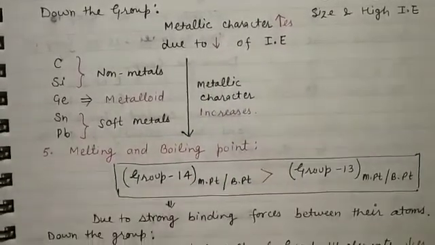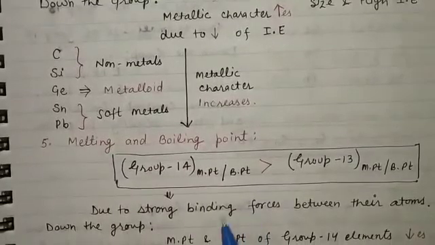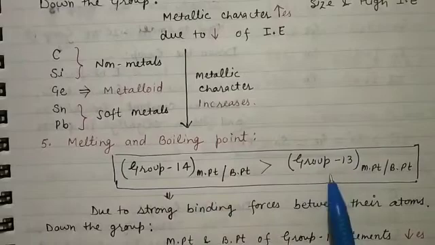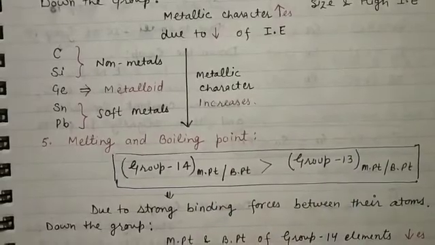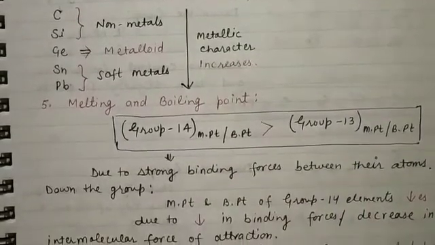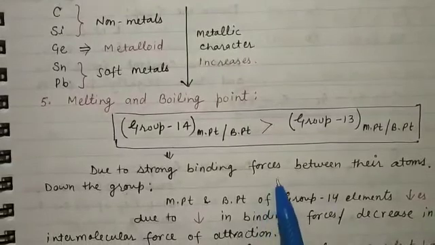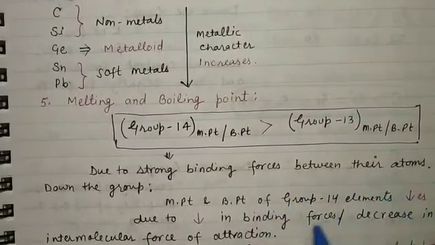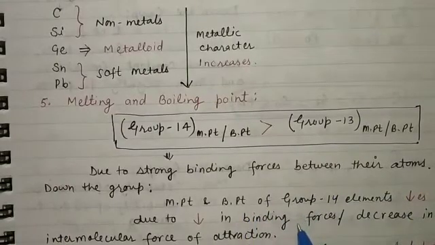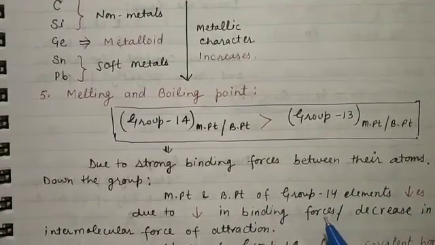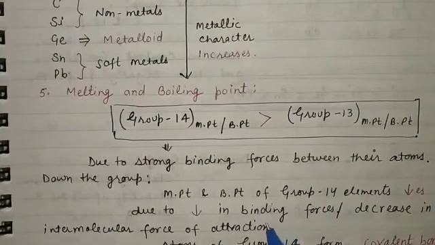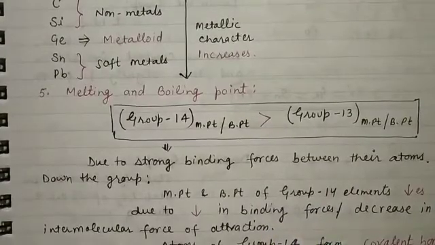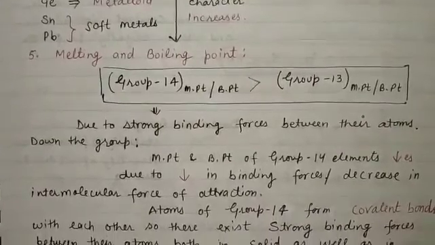Next is melting and boiling point. The melting and boiling point of group 14 elements is higher compared with group 13 elements, because in group 14 elements there are strong binding forces between their atoms. Down the group, melting and boiling point of group 14 elements decreases due to decrease in binding forces, or decrease in the intermolecular force of attraction.